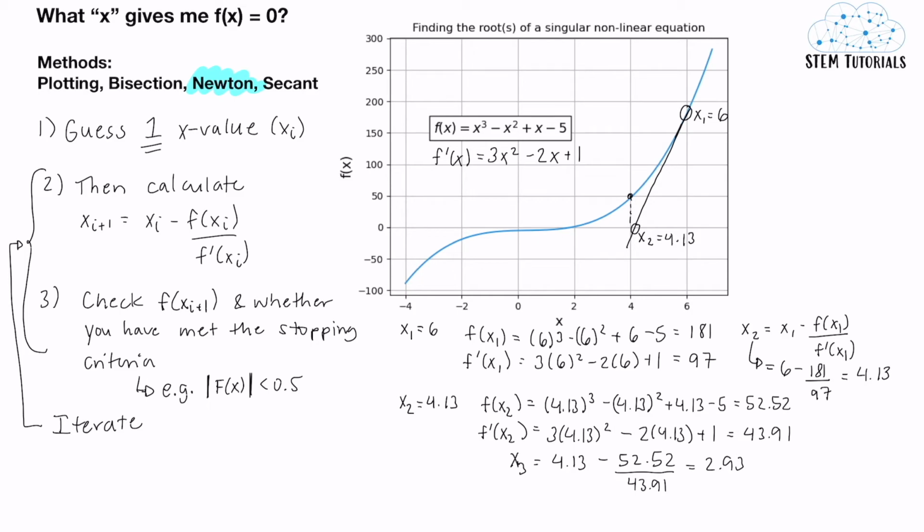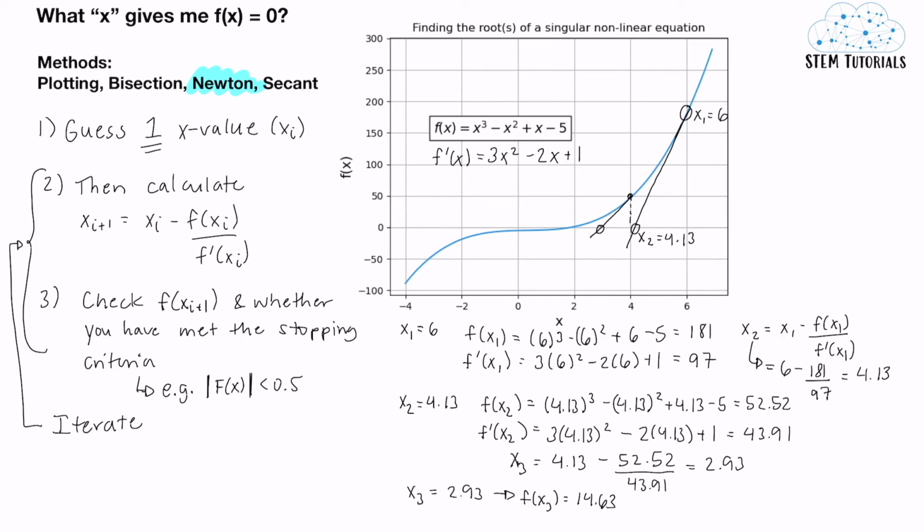And so we have our x3 equals 2.93. If we again calculate our f of x3, we get an answer of 14.63. So what we've done here is again drawn another tangent that intercepts with our 0.